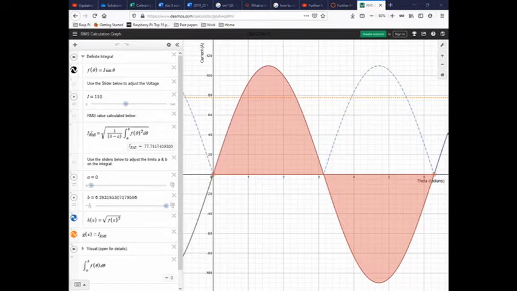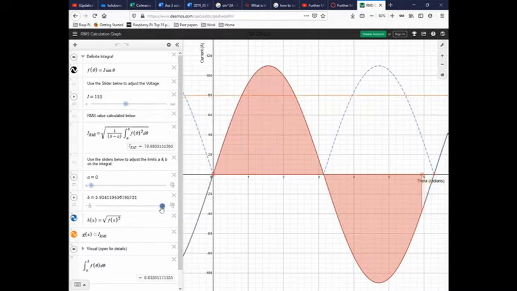In the formula for the RMS, we've got b and a, so I just need to explain what those are. Those are the limits along the graph here. At the minute, the sliders are set to start off at 0. So a can be changed to a different value of angle, but we're setting it at 0, and at the minute b is set to 2 pi radians, which is a full cycle.